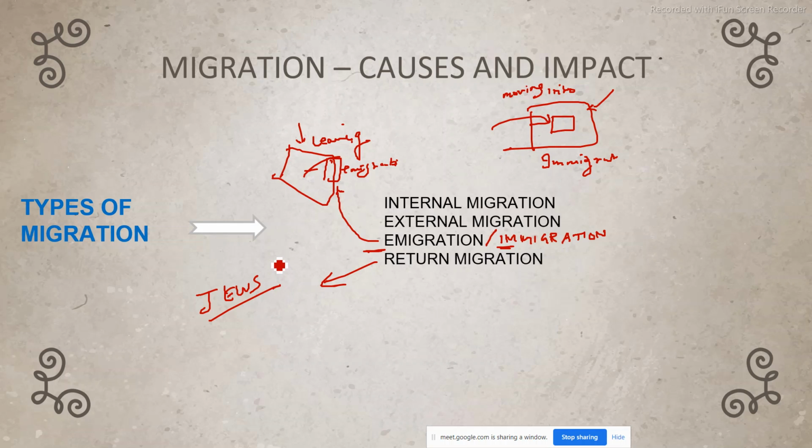They left their country around 2000 years back because there was a lot of persecution, a lot of harassment happening in the area of, for example, let me make a little bit of a map so that you understand.